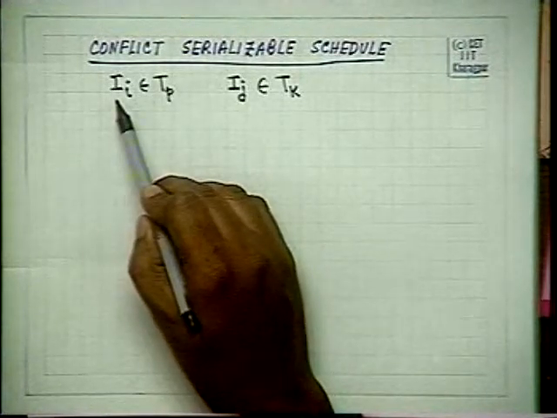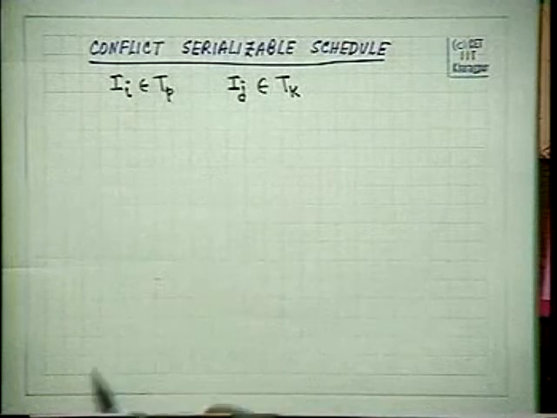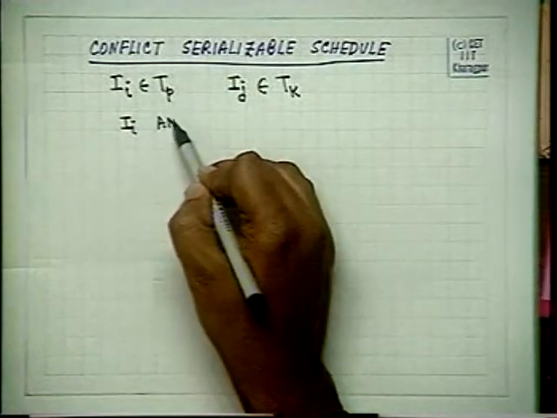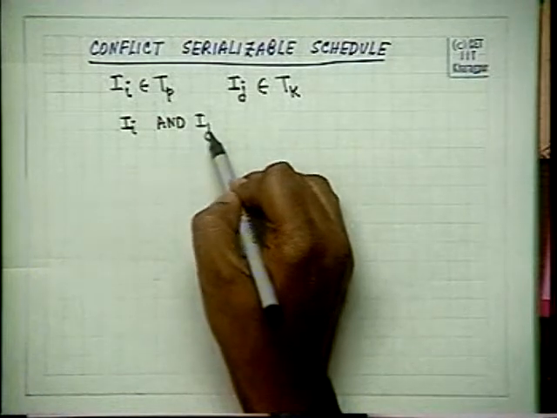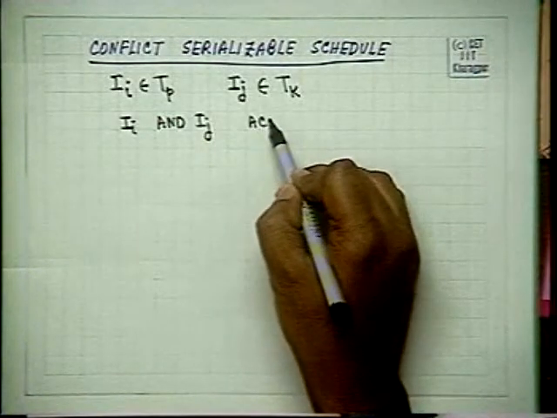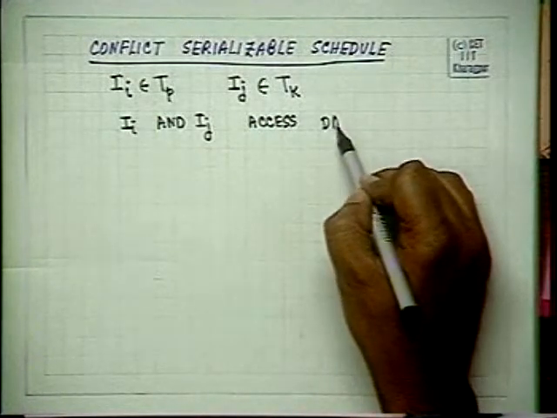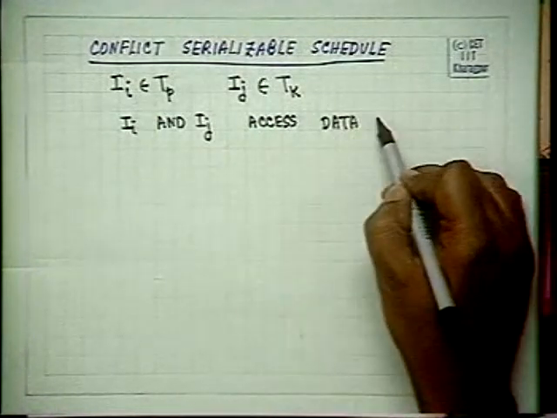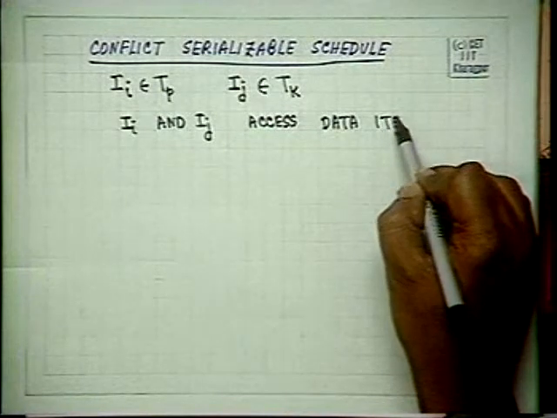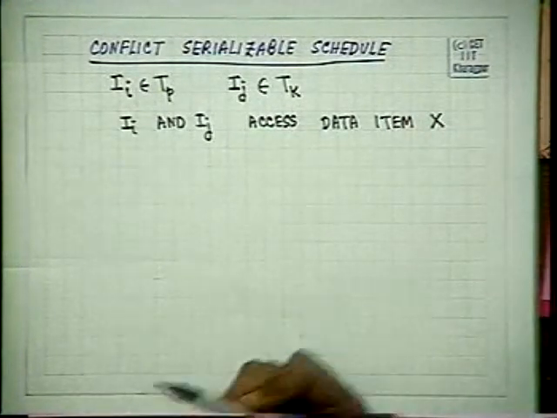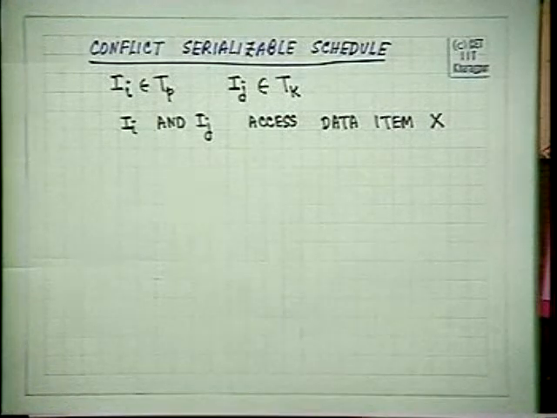And if they access the same data item, Ii and Ij access data item X. If they do not access the same data item, swap is allowed.